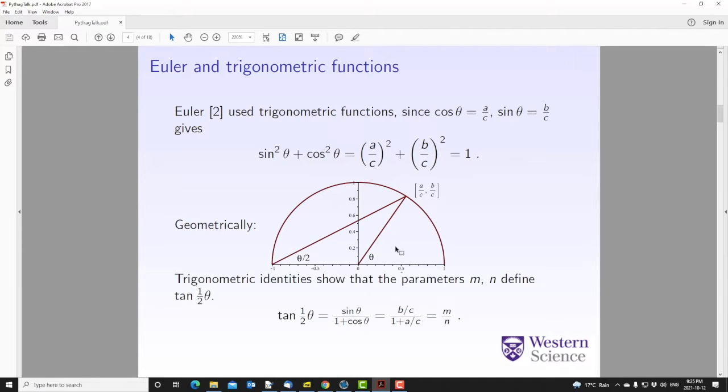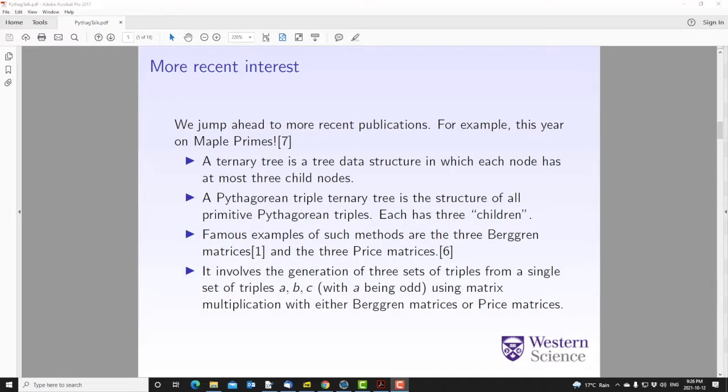And then here is a little geometrical diagram connecting theta. And in particular, if we look at the tangent of theta over 2, we see that that is m over n, where m and n are the parameters that were used by Euclid to generate Pythagorean triples.